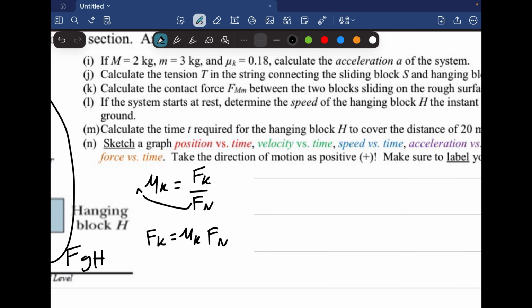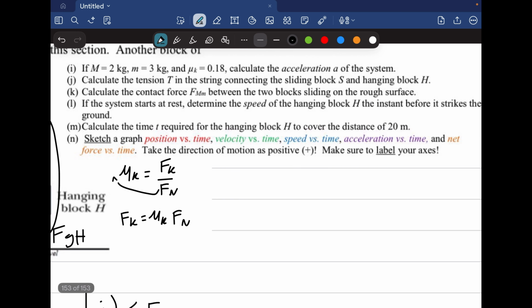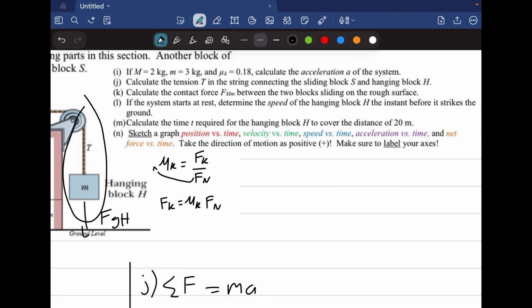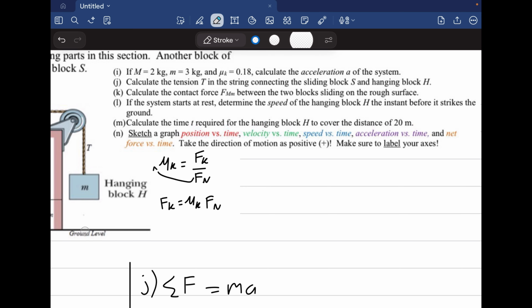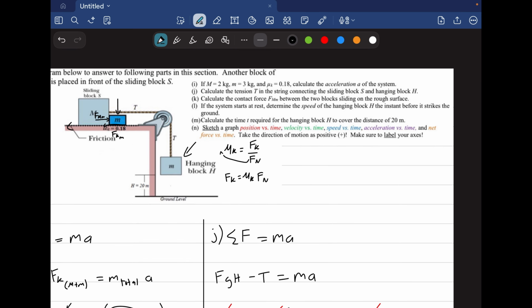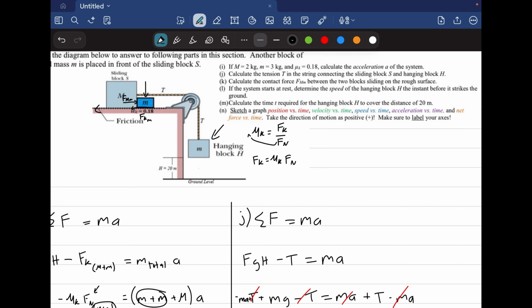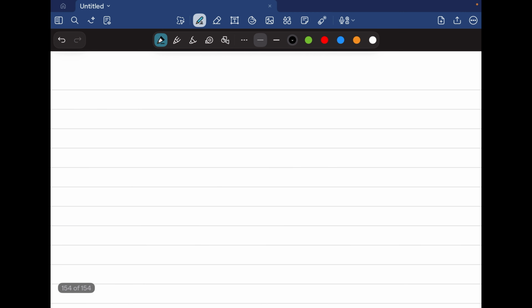Then for L, is asking for the speed of the block right before it hit the ground, right? So L. So we can use the common form: Vf squared minus Vi squared is equal to 2a delta s.